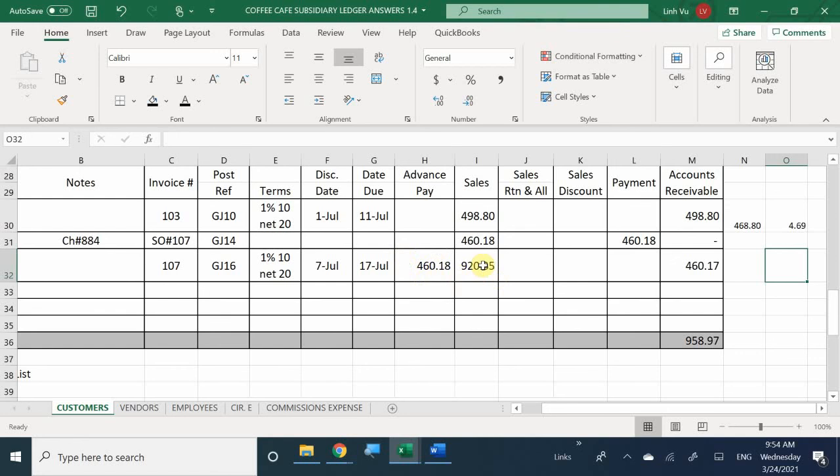Okay. Now let's take a look here. My original invoice is for $920. But he made an advance payment. So which number am I going to be taking the discount off of?